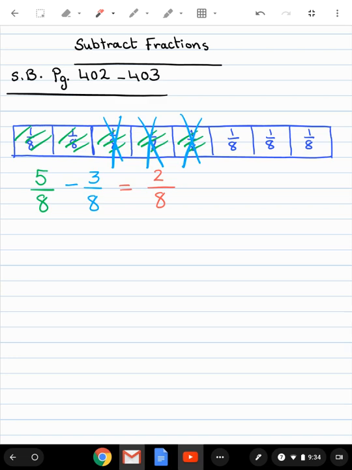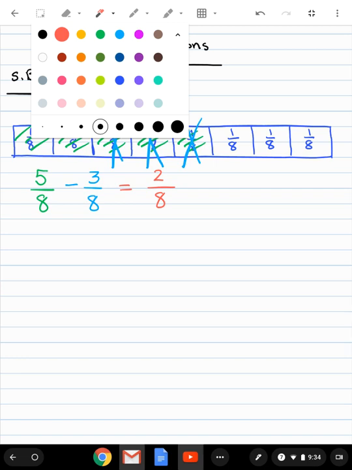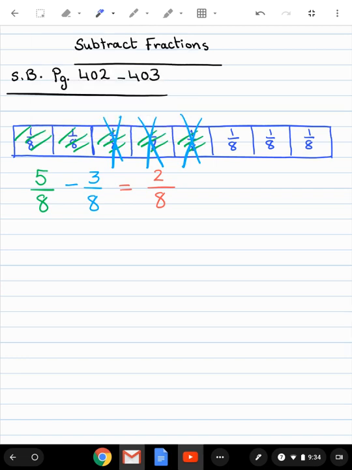Also we learned before how to put the fraction in the simplest form. Let us see how we will do it. We have 2 out of 8. Of course I can divide up and down by 2.